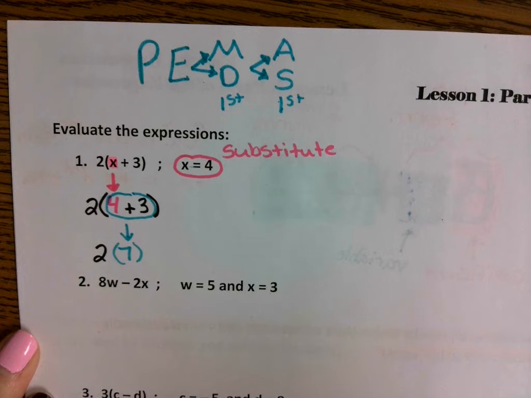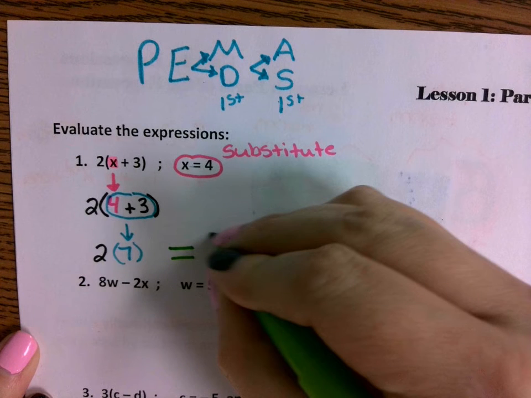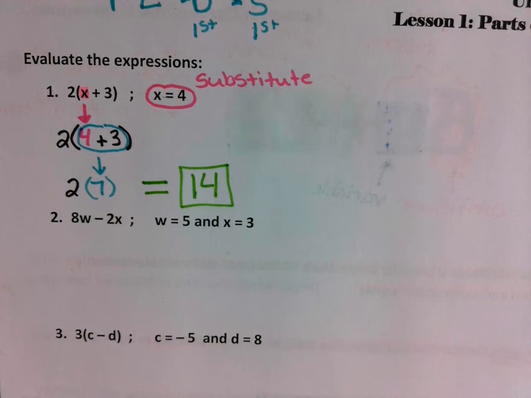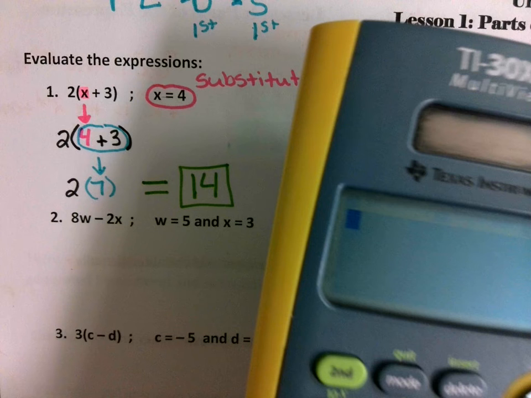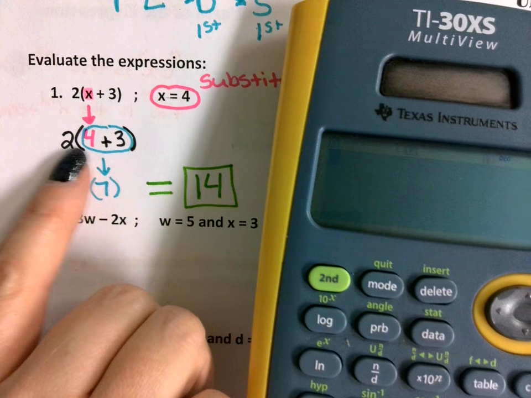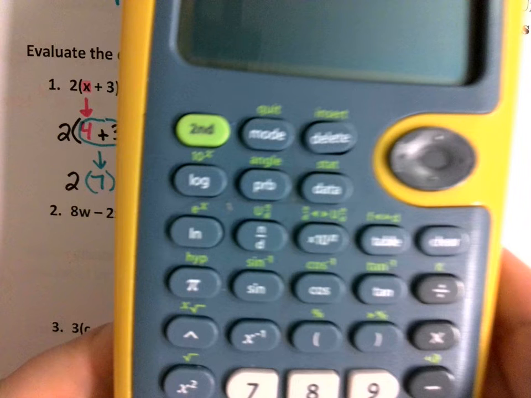14. Now, here is a really cool thing about your calculators. A really neat trick is that if you take your calculator and type that expression in exactly as you see it, so you type in a 2, and I've got parentheses here, you see those?